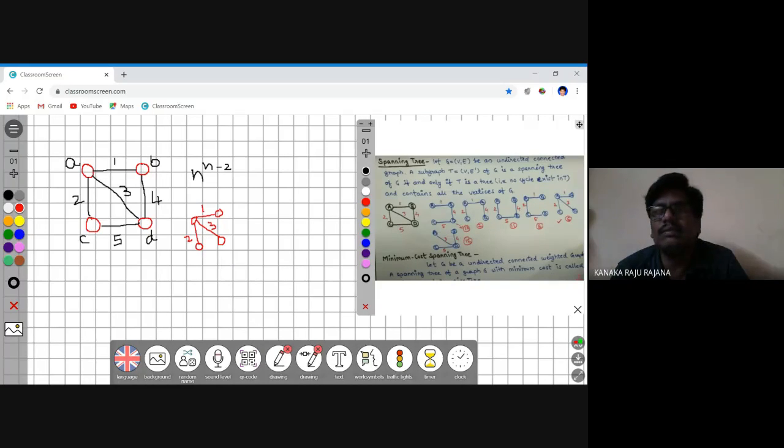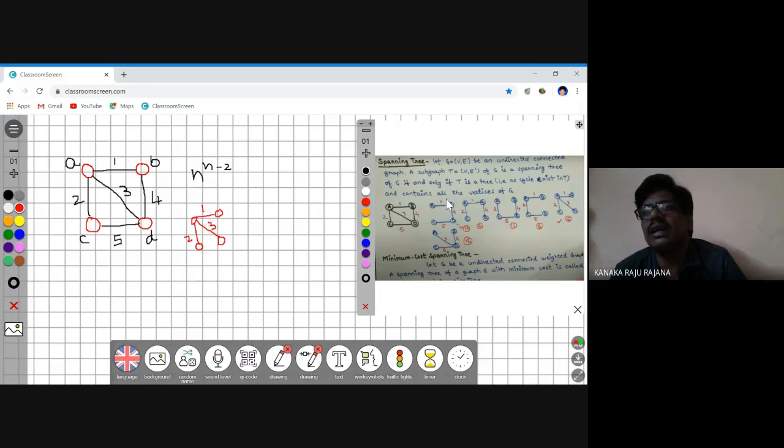Clear? Now, how many possible ways can I assign to the graph? If you observe the screen, this is one way.